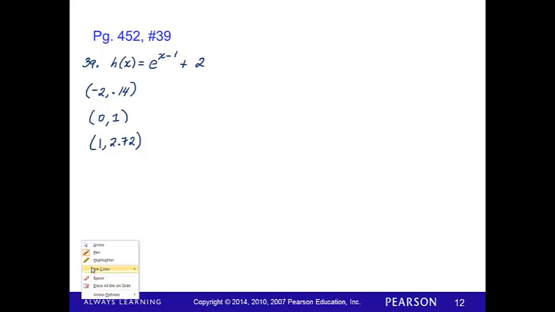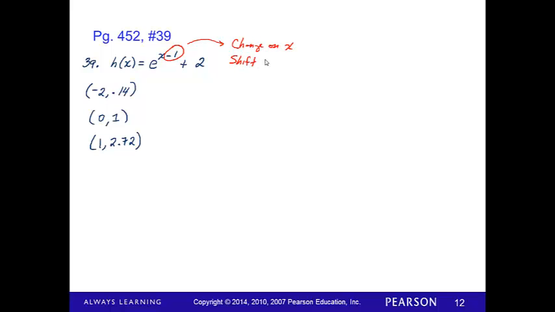And let's do some transformations. Well, order of operations says the first thing we work with is exponents. So that's a minus 1. It's by the x, which means it's a change on the x. So this is a change on x. And remember, you do the opposite. So this is telling us to shift 1 unit to the right, which is the same as adding 1.